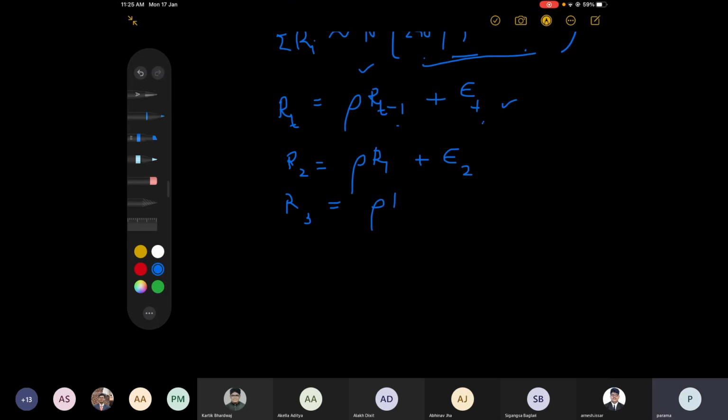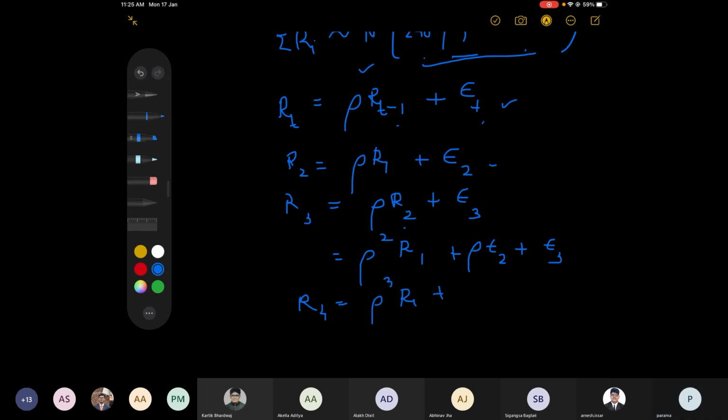R3 is equal to rho into R2 plus epsilon 3. But now I can replace this R2 with the previous expression. So I can write rho square R1 plus rho epsilon 2 plus epsilon 3. Similarly, R4 I can represent as rho cube R1 plus some functions of the epsilons.